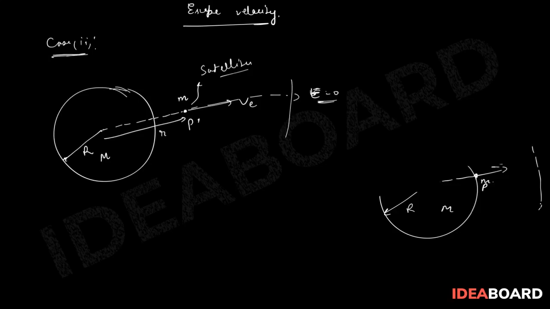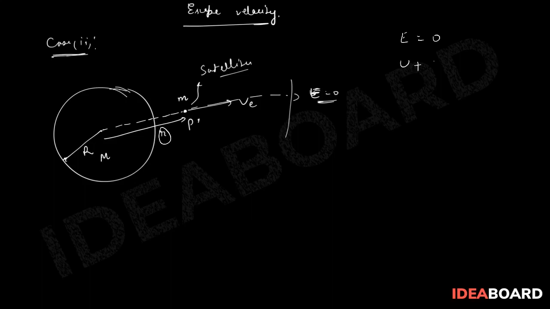Case number 1 was pretty simple, and case number 2 is also not difficult, just the distance is this time r. So again the concept is the same. E is equal to 0, that means U plus K has to be 0. The amount of energy I am providing is half m V_E square, and the value of U at that point will be minus G M m upon r, since the distance from the center of the earth is small r.